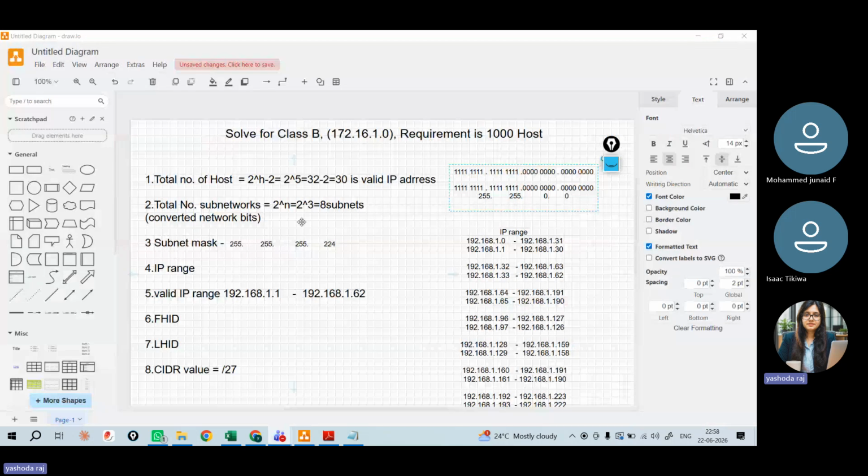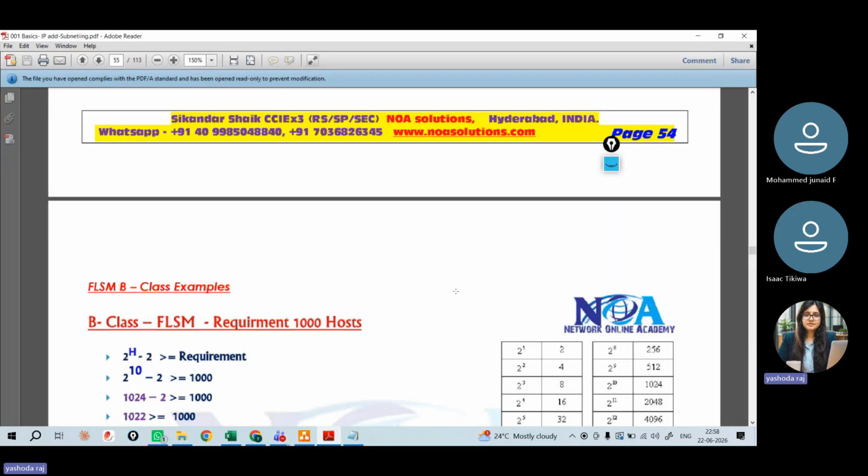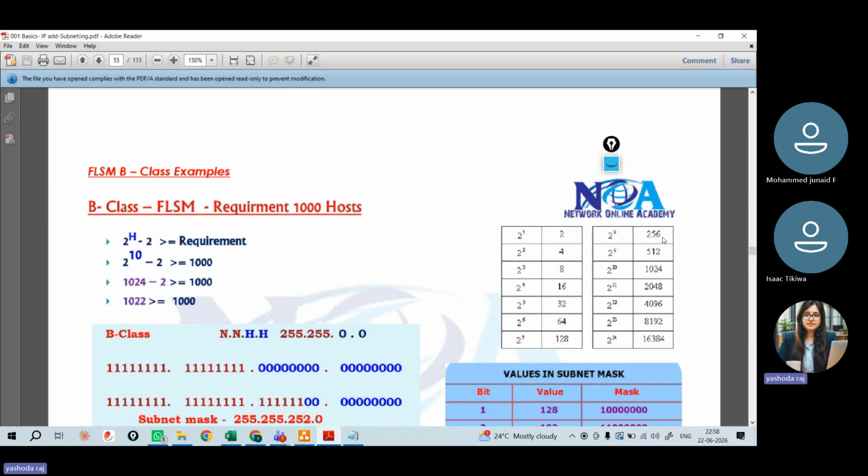Okay, look here. Now this is my requirement. What is the 2 power value which is going to suit my requirement? Should I go with 2 power 9 or 2 power 10?